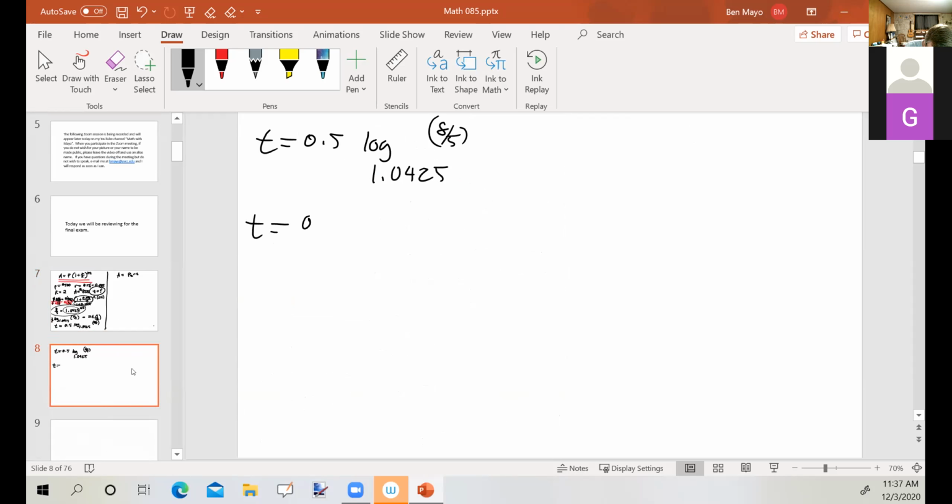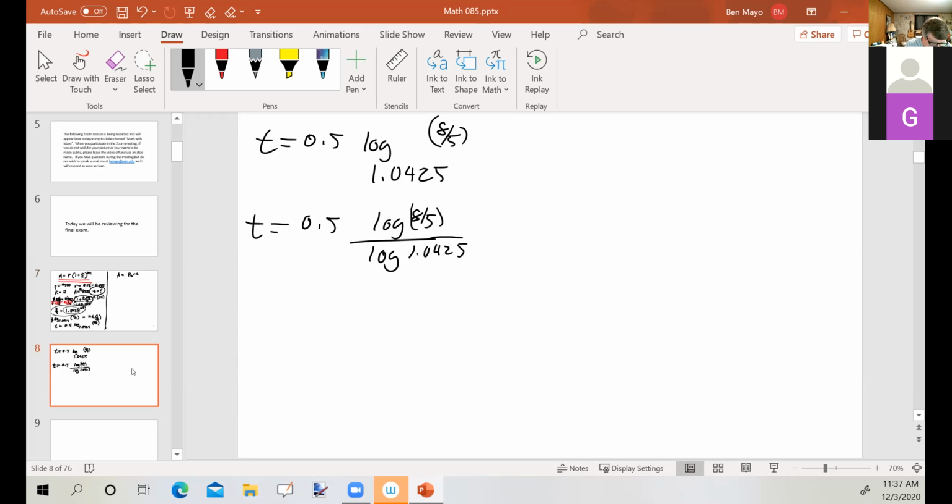So this becomes 0.5 log of 8/5 divided by log of 1.0425. Now I'm going to punch that into the calculator. 0.5 log of 8/5 divided by log of 1.0425.